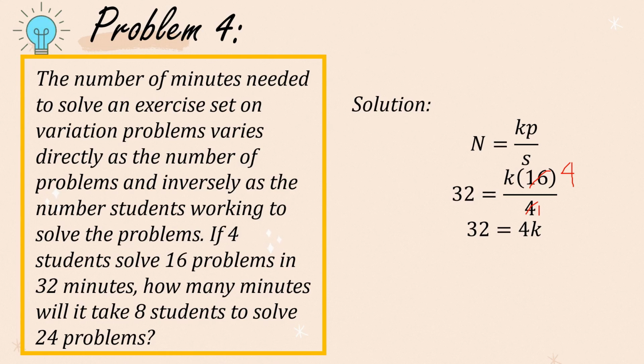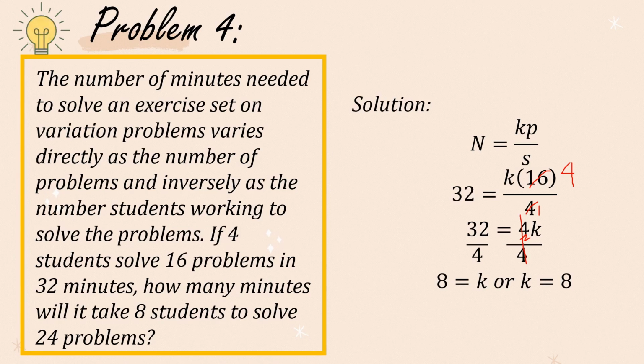Kagaya ng mga ibang example natin, ang kailangan lang nating gawin ay i-divide both sides by number 4. So, gawin nga natin yun. So, divided by both sides, ito ay may eliminate na. And then, 32 divided by 4, what is the answer? Very good! The answer is 8. That's why our constant is 8.